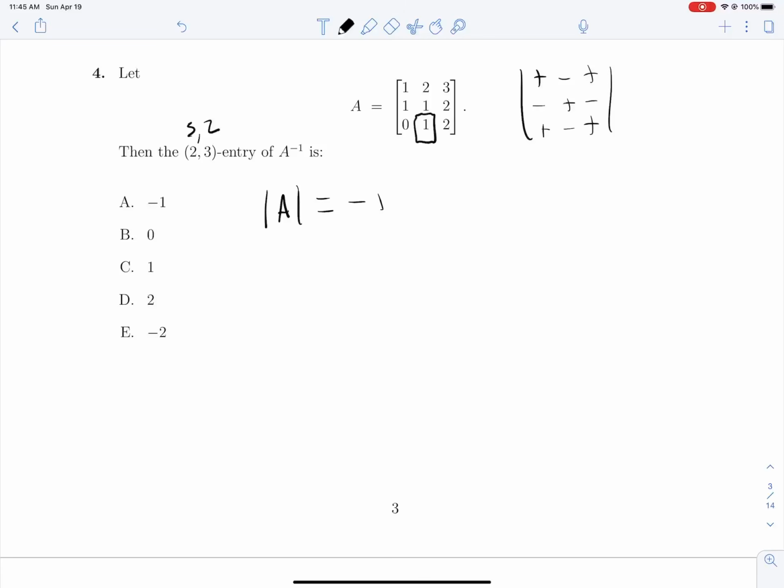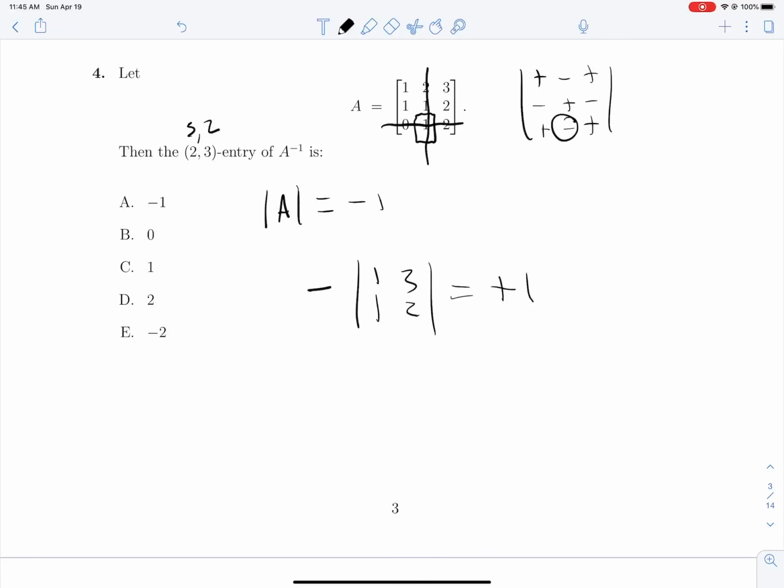So the cofactor for this position is just this sign outside of the determinant of the matrix formed by crossing out the row and the column that we care about, which in this case is 3, 2. So that leaves us with negative 1, 1, 3, 2, that determinant, which is 2 minus 3, negative 1, so positive 1 there.